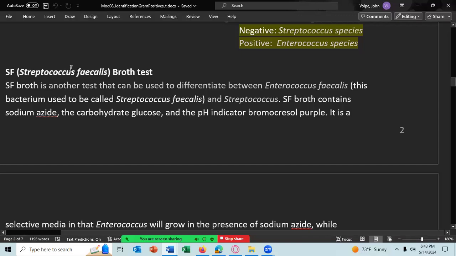All right, SF broth contains a pH indicator, bromocresol purple, and it's purple in color.